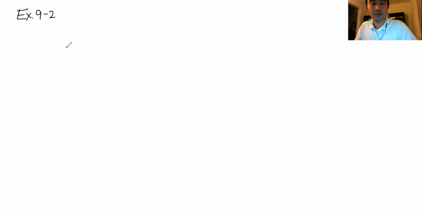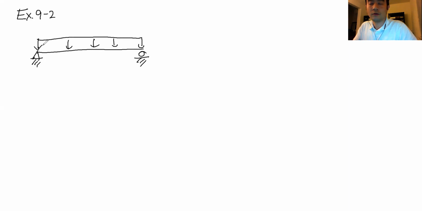So I'm going to draw the case here. We have a simply supported beam, and the loading is a uniformly distributed load, and then we do have one concentrated force right in the middle. This P is PL, the live load, it's 30 kips, and this uniform distributed load is only for the dead load.